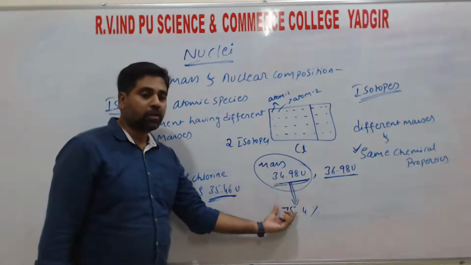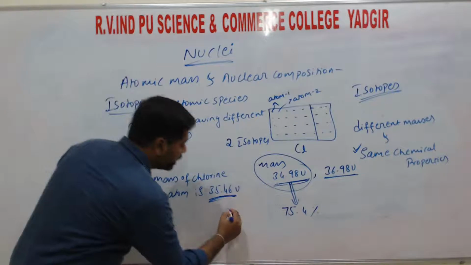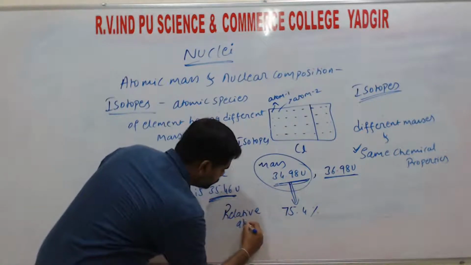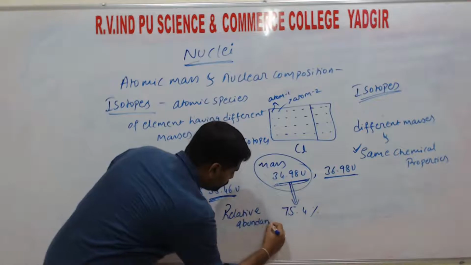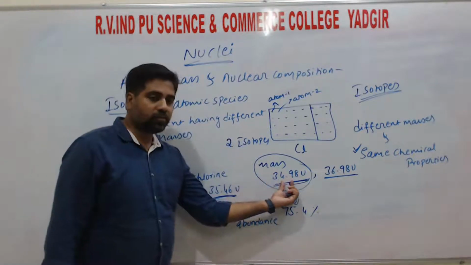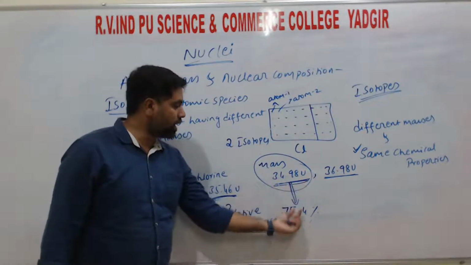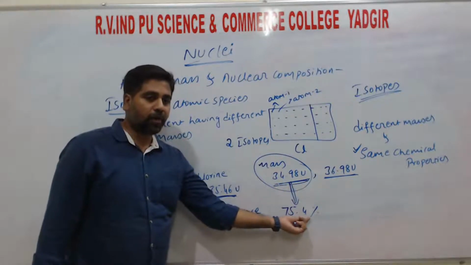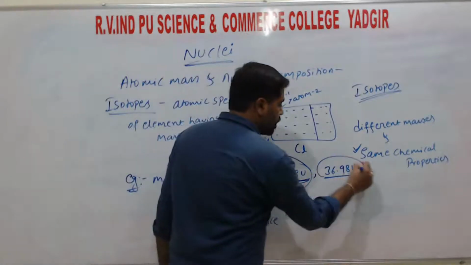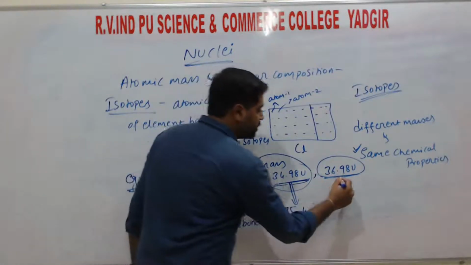So understand that one. That is the relative abundance. So the relative abundance of the atoms having the mass 34.98 is how much? 75.4%.